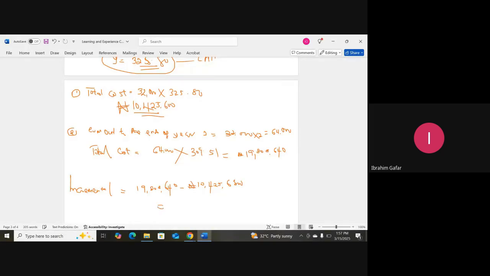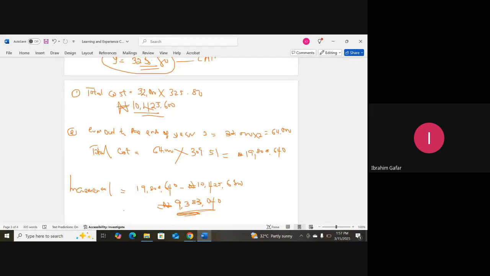So that's your incremental. What do you have? 9,383,040. So this is your incremental cost.